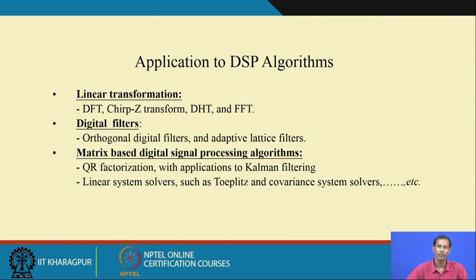These are filters used in multi-rate digital signal processing or in digital signal processing generally. Then there are matrix based digital signal processing algorithms like QR factorization with application to Kalman filtering, and linear system solvers such as Toeplitz and covariance system solvers, whether it is multiplication or factorization.